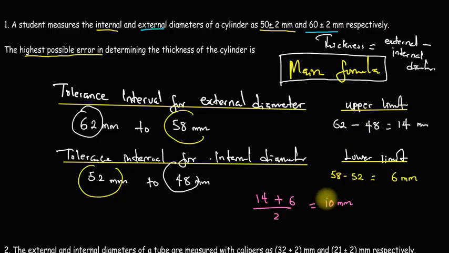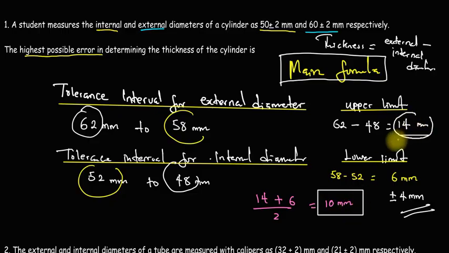So we just need to check this value very well. We can see that this greatest possible error is actually plus or minus 4 millimeters. How do I know this? If you add 4 to 10 millimeters, we are going to get 14 millimeters, which is our upper limit.